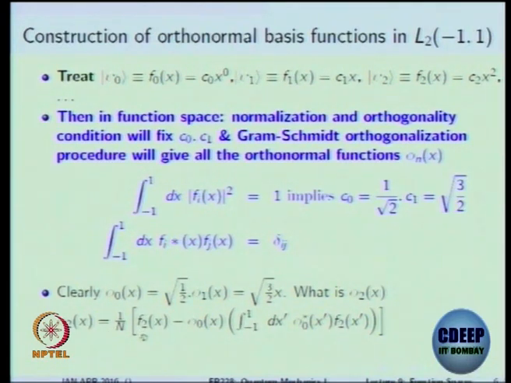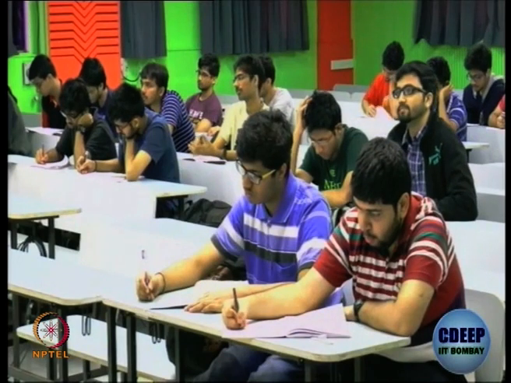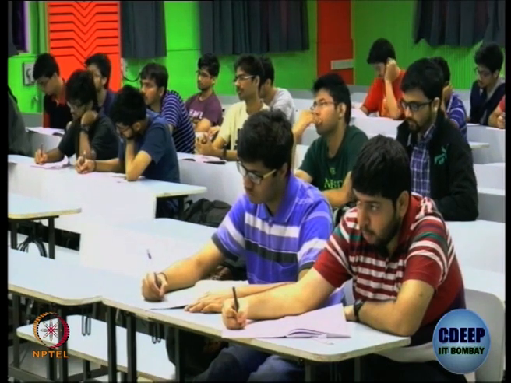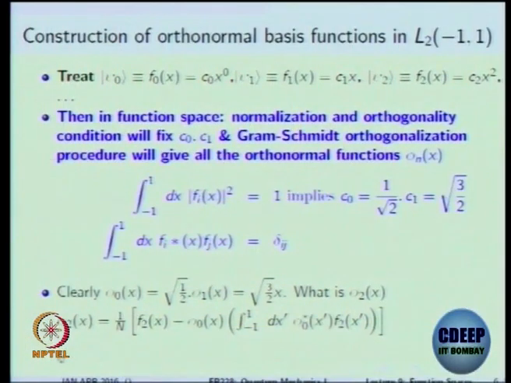Will you do this step? Finally, from this, what is C2? What is phi 2? Both I need to know. You can work it out. Just a straightforward integration to be done.